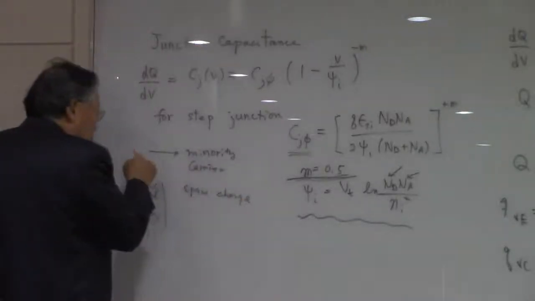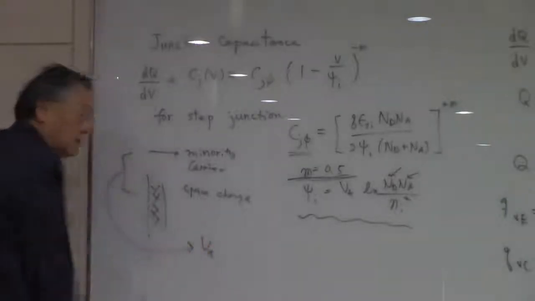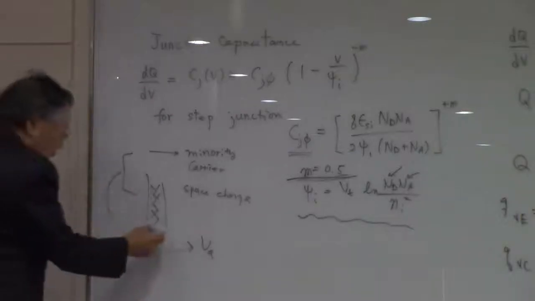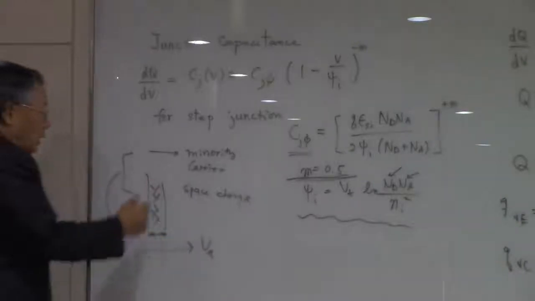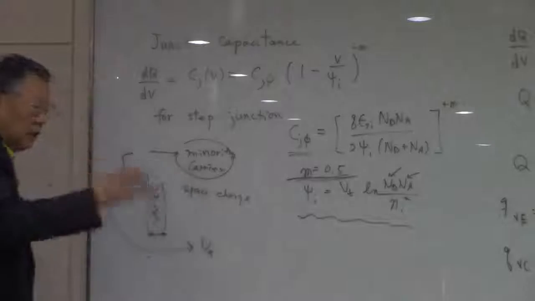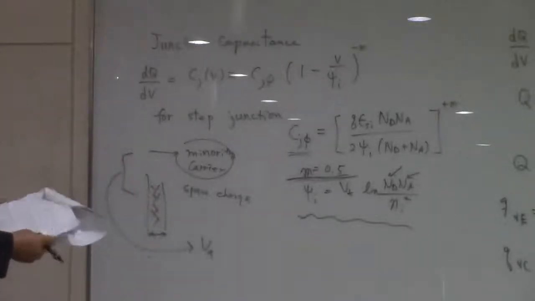And both of these are related to the applied voltages. The distance of the space charge region is going to be modulated with the applied voltages. Of course, it is obvious that the minority carrier injection is related to the applied voltages.